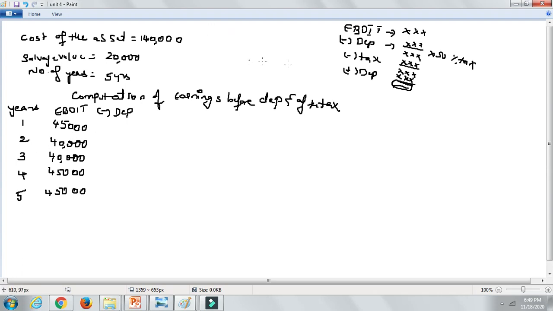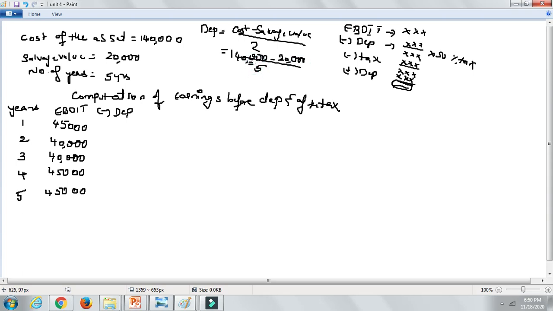We need to calculate the depreciation amount now. Your depreciation amount is cost of the asset minus the salvage value or scrap value, divided by 5. So here it is 1,40,000 minus 20,000, divided by 5. How much will it come to?